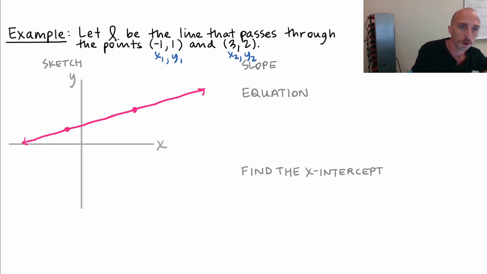So the slope we know is equal to y2 minus y1 divided by x2 minus x1. Which is going to be 2 minus 1 over 3 minus -1.